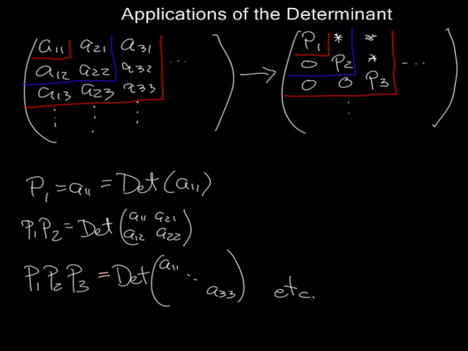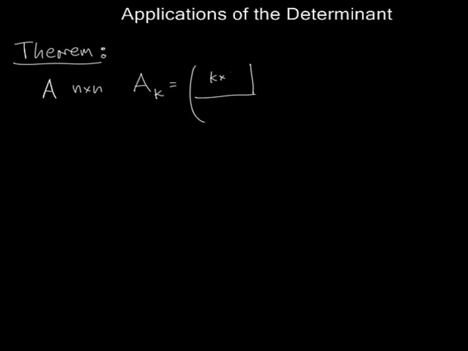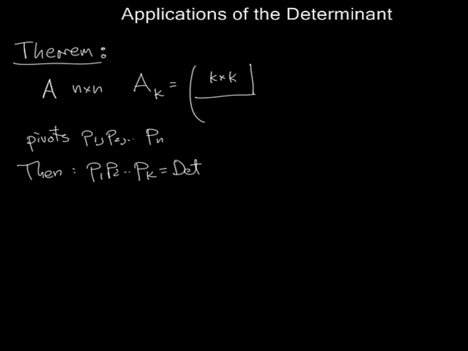So let's put that all together into a theorem. Suppose you have A, an n by n matrix. Let AK be the upper left-hand k by k matrix. Then, if the pivots are written P1 up to Pn, the fact is that the product of the first k pivots is the determinant of that k by k matrix.